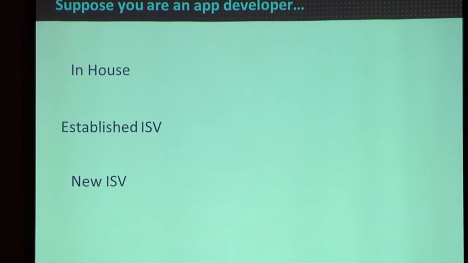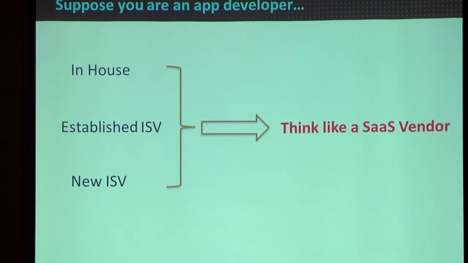And it's not just them. Basically, if you're an ISV as well, almost anybody developing software, the advice now is think like a SaaS vendor. Either try to become a SaaS vendor yourself, or think like one if you don't have that opportunity, because you are basically going to compete sooner or later against a SaaS vendor who's building from scratch the modern way.